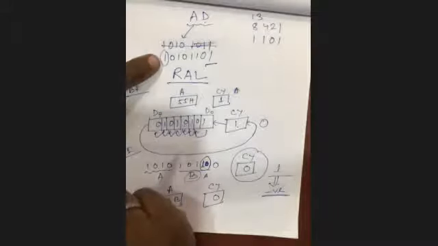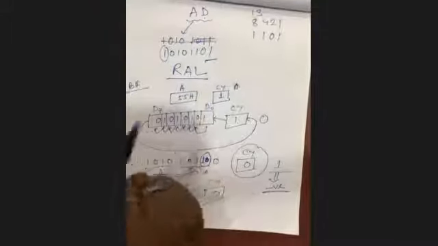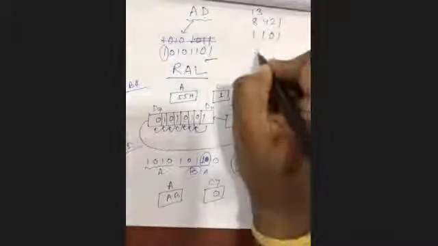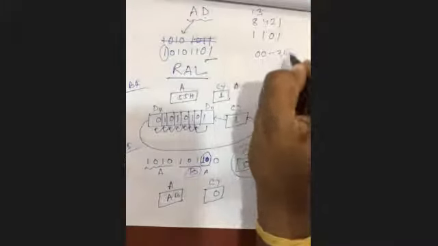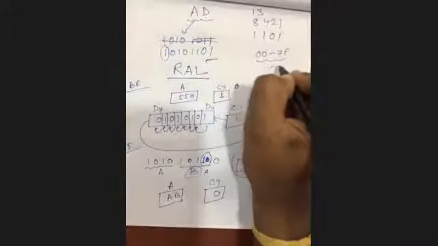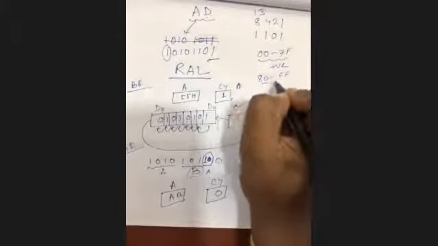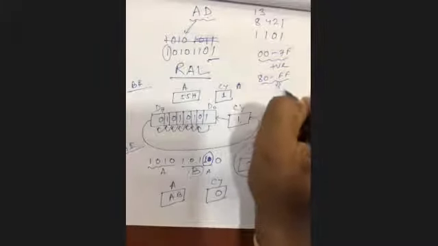If it is 1, it is a negative number. If it is 0, it is a positive number. 00 to 7F are all positive numbers, 80 to FF are all negative numbers.